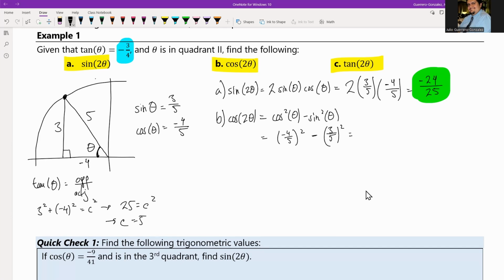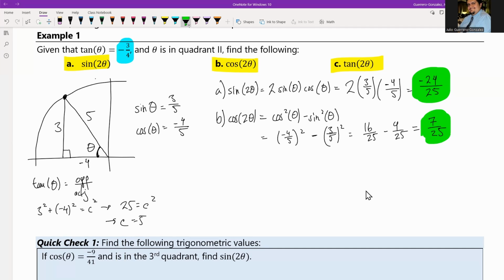This is going to be 16 over 25 minus 9 over 25, which is 7 over 25. Done.